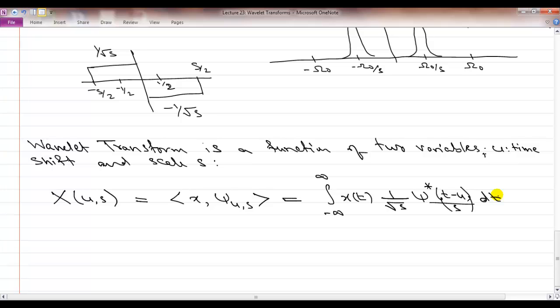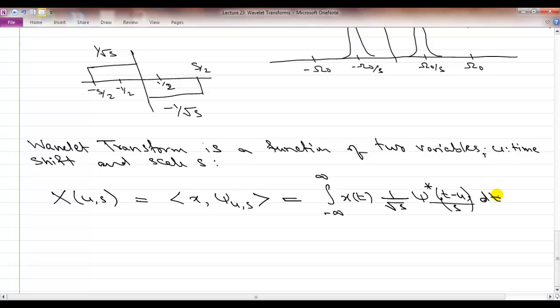So, that's pretty much how every transform that we have studied is effectively defined. It's defined as an inner product between the function or the signal that you are interested in and the functions through which you want to represent your original signal. For the discrete time Fourier transform or continuous time Fourier transform, these are just the exponentials or cosines and sines. The inner product, if you go to continuous time, is defined this way.